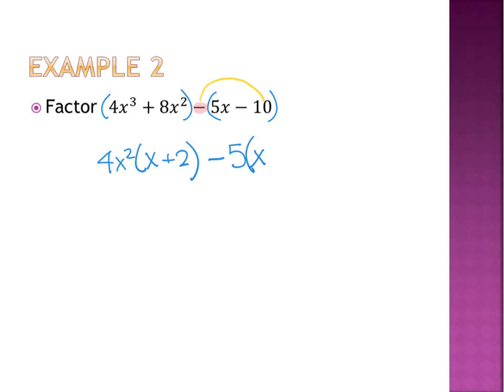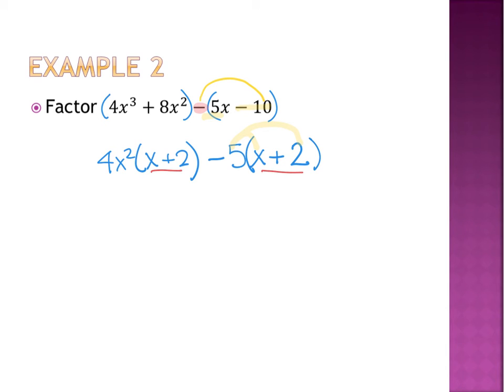That tells me that my middle term is going to have to be a positive. So I'm going to change my sign in the middle, and that would be a positive 2. So negative 5, and if you want to do a quick double check, negative 5 times x will give me my negative 5x. Negative 5 times a positive 2 will give me my negative 10, which is what I have right there. Then I'm going to close my parentheses, and then double check that I have an x plus 2 and an x plus 2.